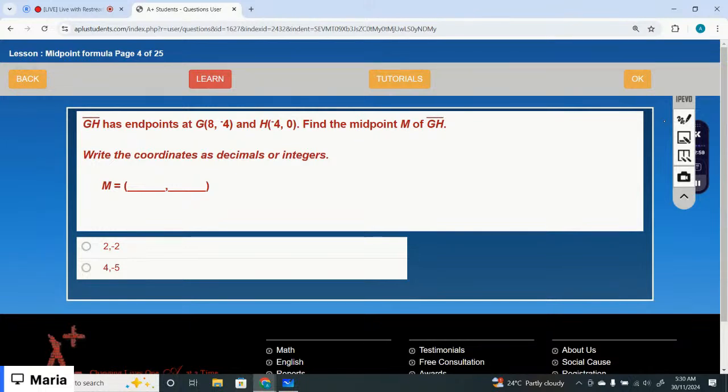GH has endpoints at G (8, negative 4) and H (negative 4, 0).